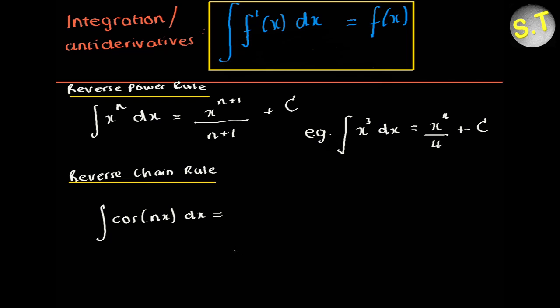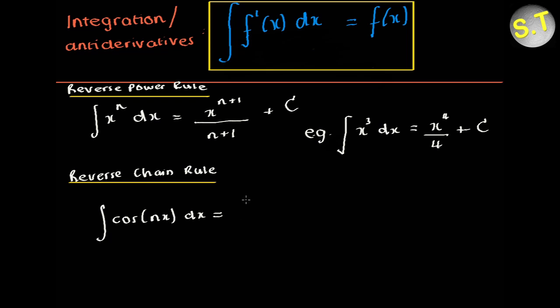So in differential calculus, what we did was we differentiated the cosine part, and then we multiplied by the derivative of the inside of the bracket with respect to x. So in this example, what we're going to do is find the antiderivative of cosine and then divide by the derivative of what's inside this bracket.